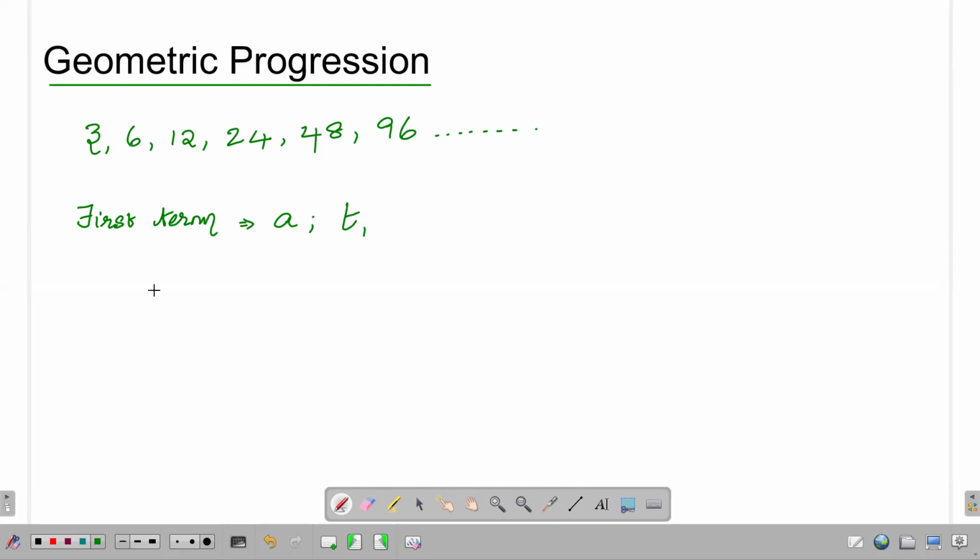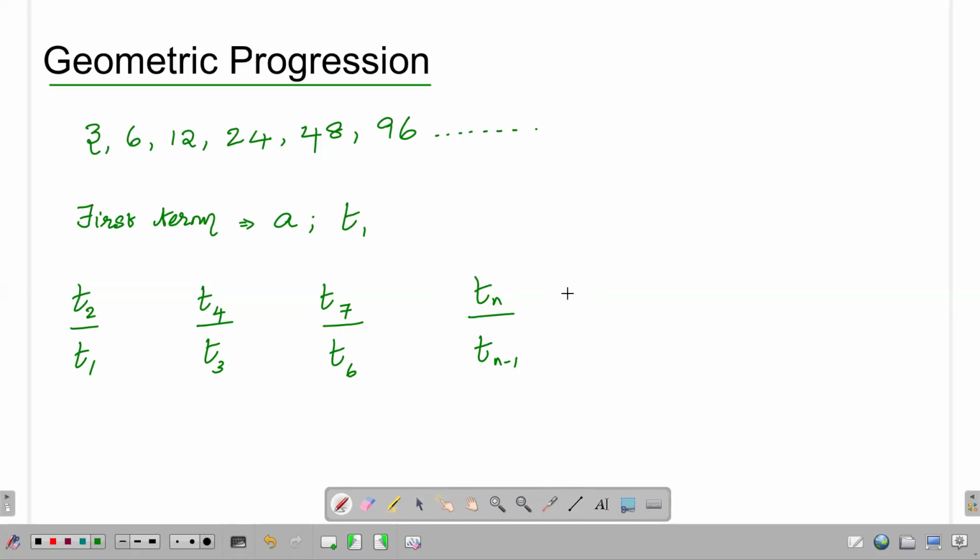Here, if you observe the ratio of the second term to the first term, the fourth term to the third term, the seventh term to the sixth term, all these values, T2 by T1 or T4 by T3 or T7 by T6, in general Tn upon Tn minus 1, it will be the same. That ratio will be the same.